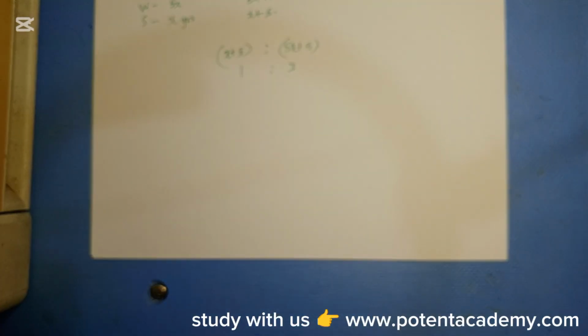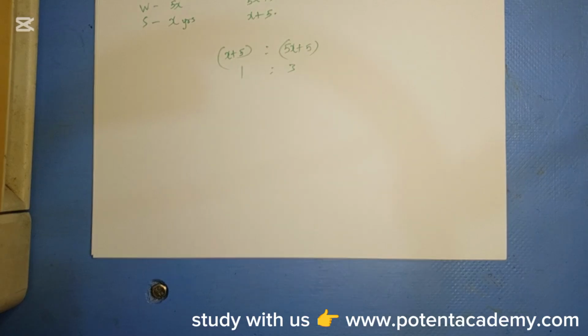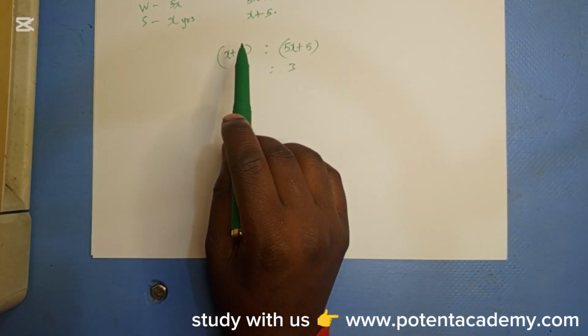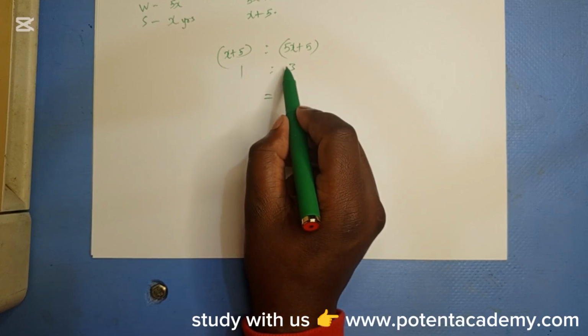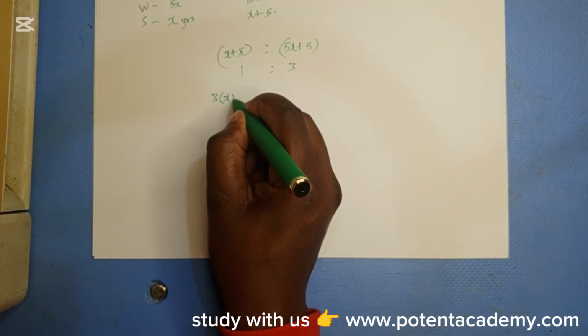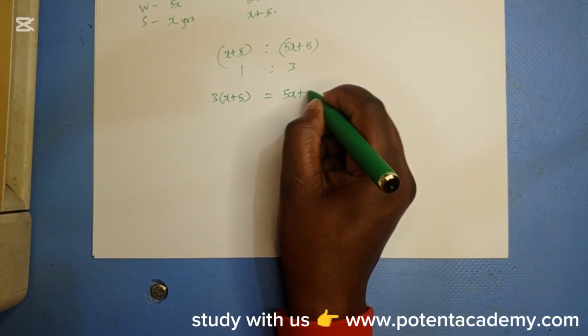So how do you equate the two? Remove the colon or the ratio sign to make sure that you have an equal sign. Since this is smaller, if you multiply by 3, you cross multiply: 3 times (x plus 5) will be equal to 1 times (5x plus 5).